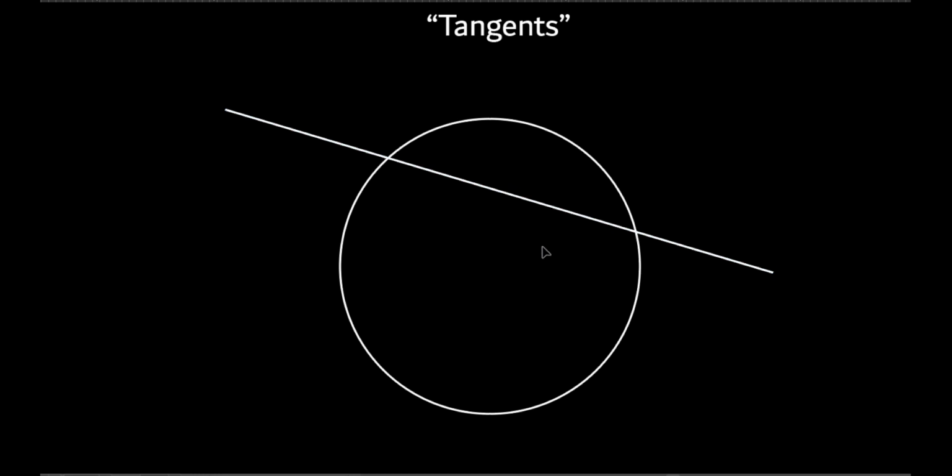A lot of people think the circle is like a disc, like a frisbee, but the area inside is not the circle. The circle is the outside edge. If I put a point right here, I would say that this point is on the circle. Well, where would this point be?